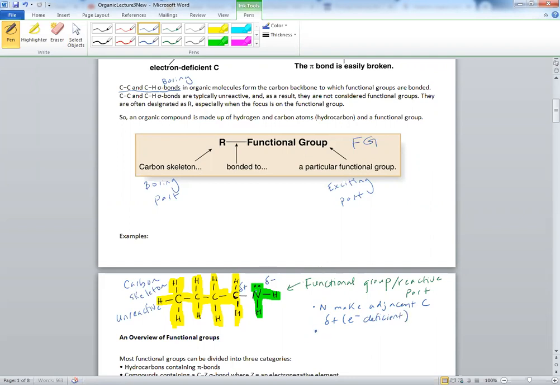There's a lone pair on N. N has a lone pair, which makes N a base.